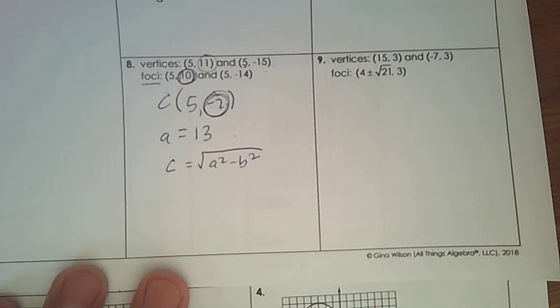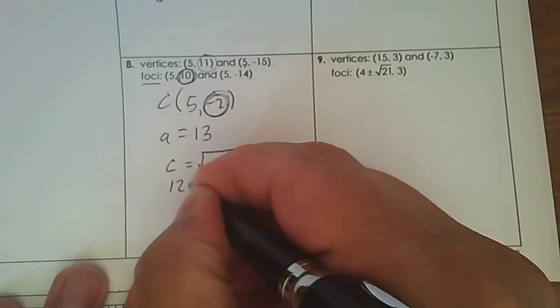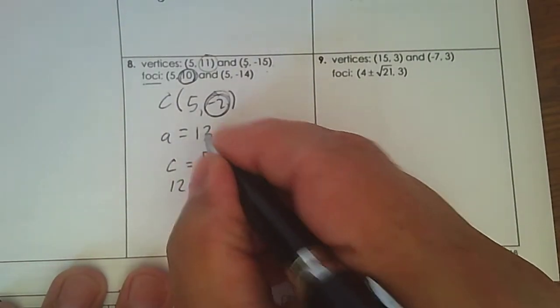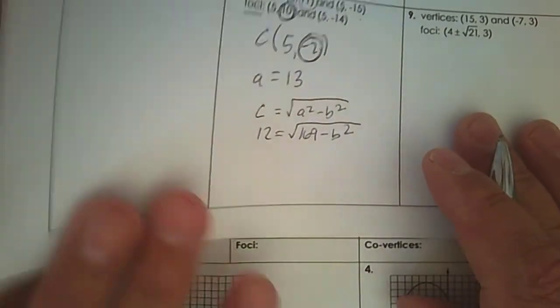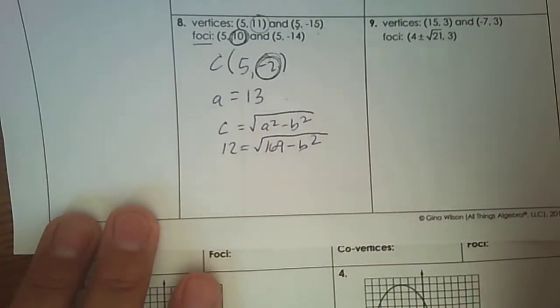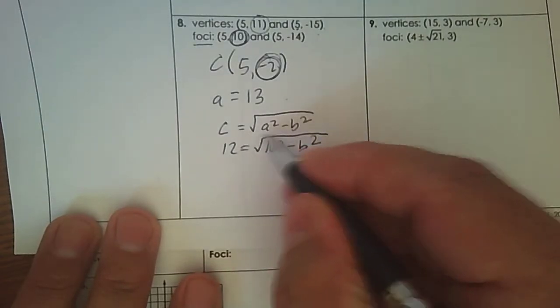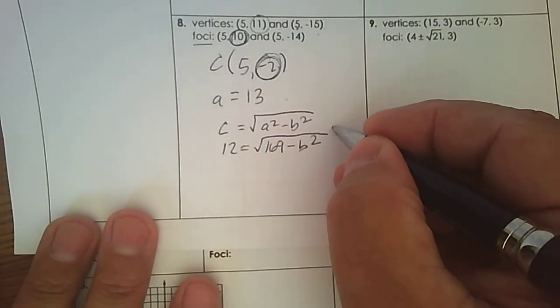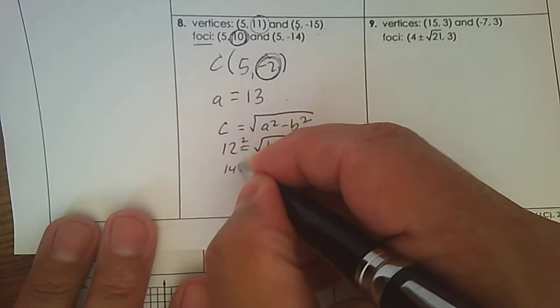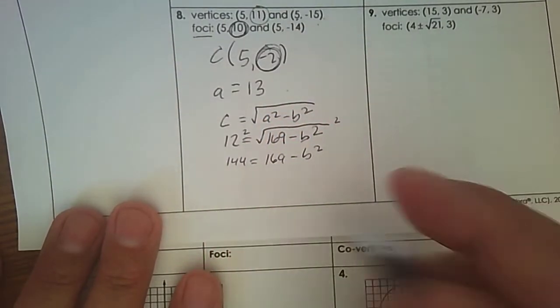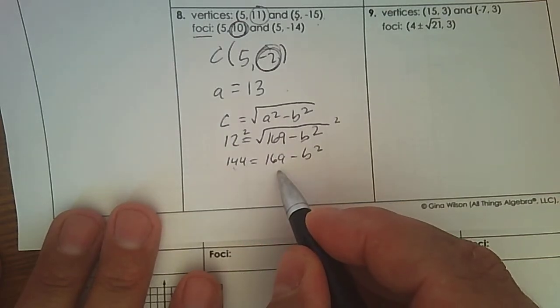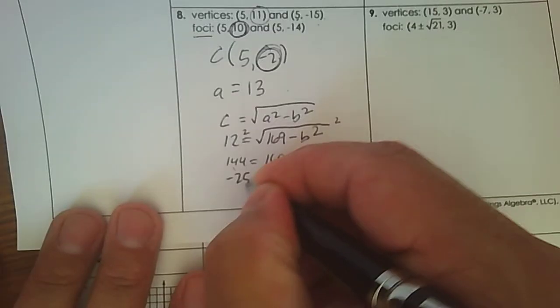That distance is 12. a squared is 169, and I need to solve for b squared. So I need that equation and then solve it. To get the square root by itself, to undo the square root, I square both sides. And then I subtract 169. So 149, take away 169. That's negative 25.